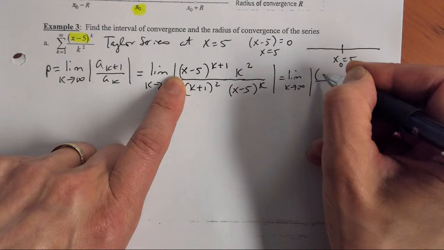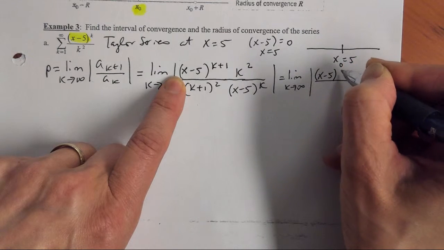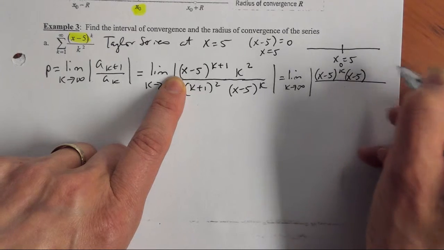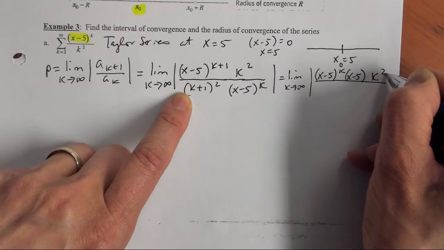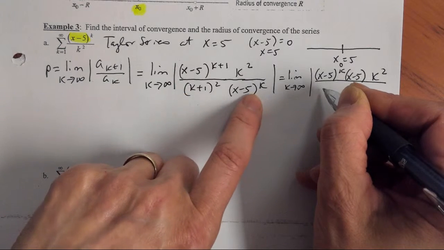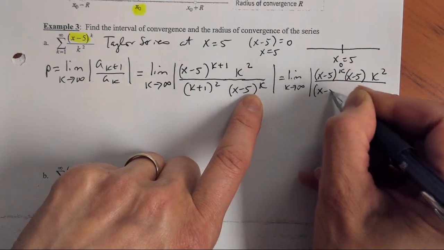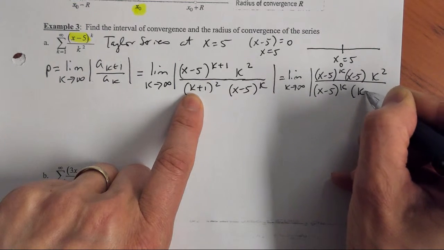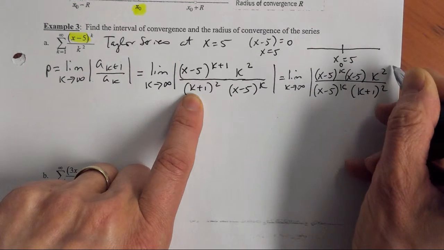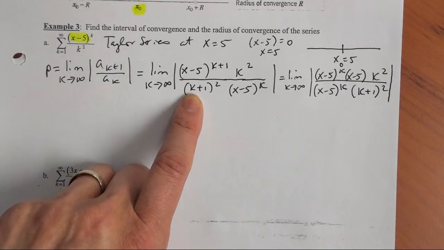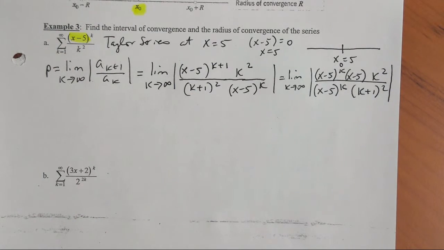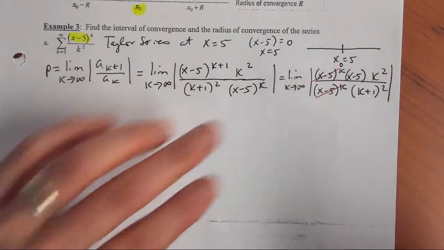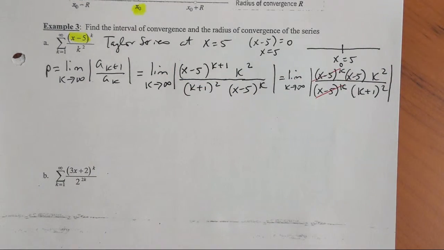So that'll be x minus 5 raised to the k power, and x minus 5 just raised to the first power, and then I have my k squared. And then the denominator, I'm just going to move this over. So it's x minus 5 to the k power, and this one will just stay k plus 1 to the second power, absolute value. All right, now I'll cancel what I need to. So cancel, cancel, and I think that's all I can cancel.